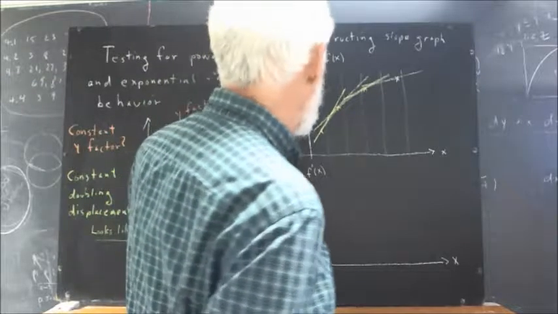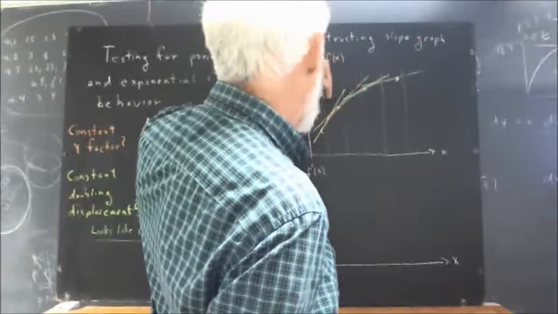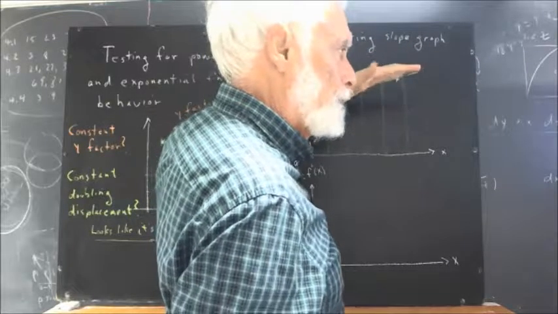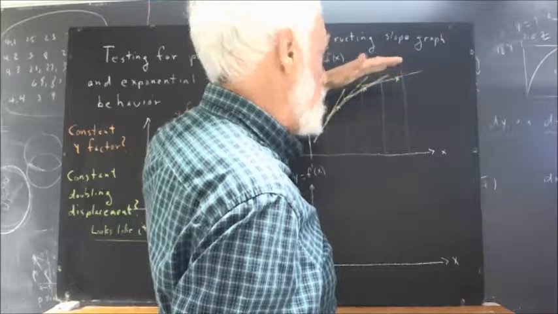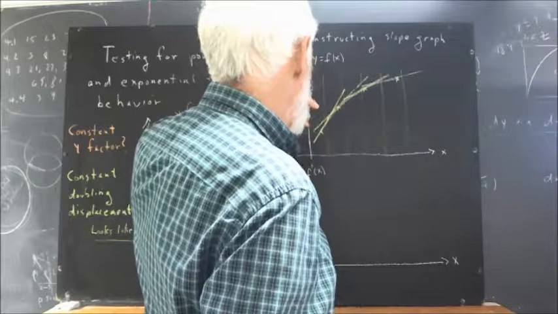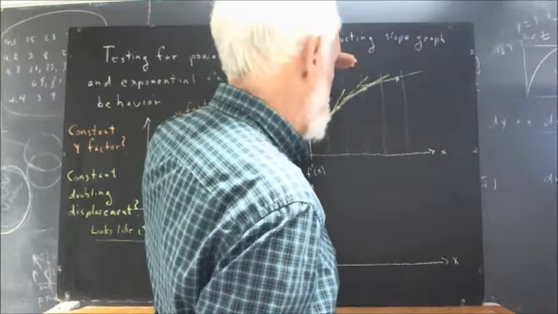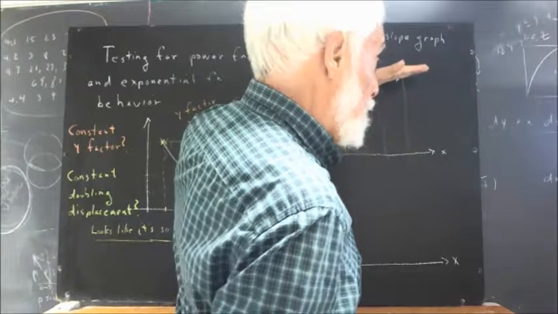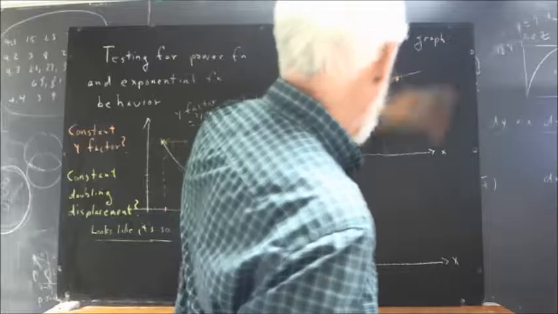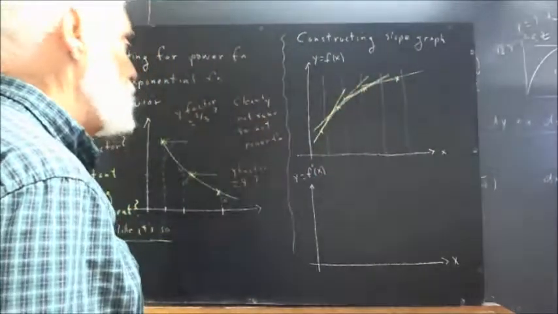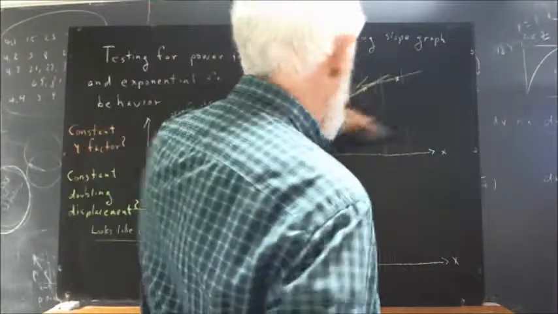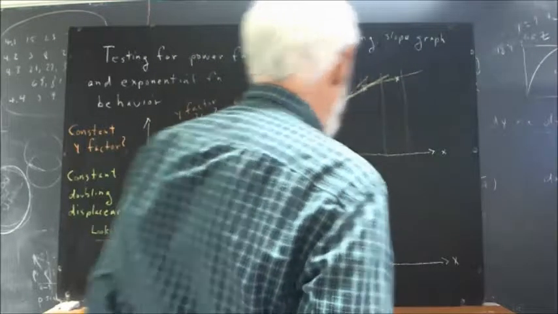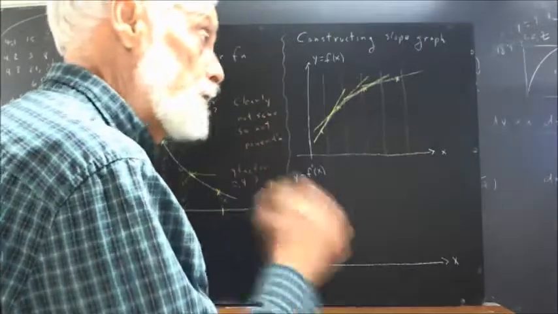Notice that some of these tangent lines, well, actually I did a pretty good job on these, but if the tangent line is a little high or low, that's really kind of harmless. What we definitely don't want is for the line that we construct not to be parallel to the line which would be tangent to the curve. We want it to be close to the curve, but we don't worry too much about whether we're a little high or a little low, because really all we're looking at is the slope.